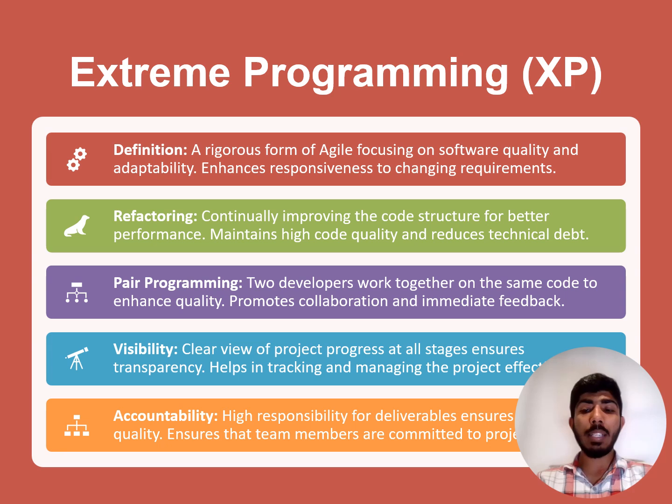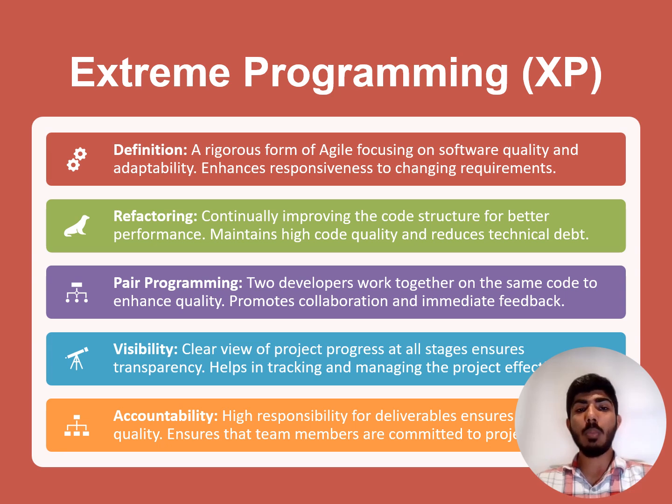Pair programming is when two developers work together on the same code, like two friends building the Lego castle together. That's the same thing. And XP emphasizes visibility as well. Visibility of progress and accountability for deliverables, because accountability is high responsibility for deliverables. It ensures the quality, and ensures that team members are committed to the project as well.